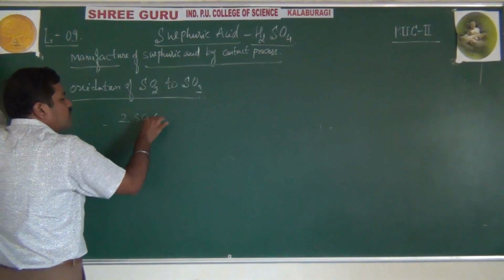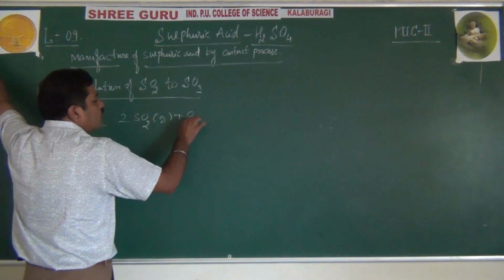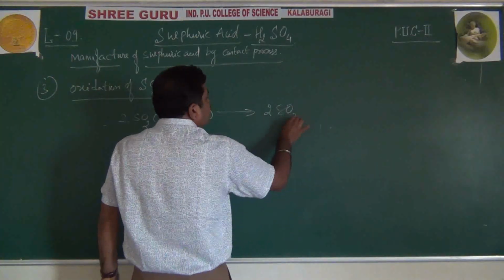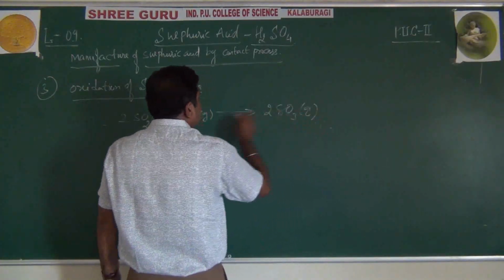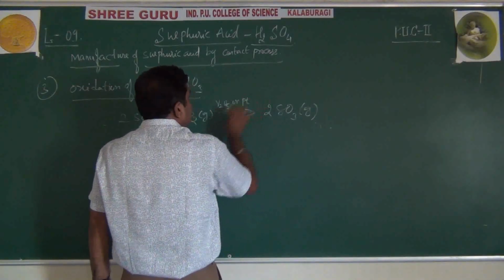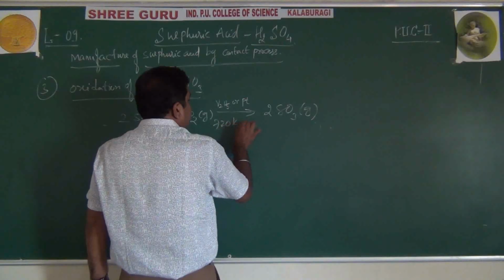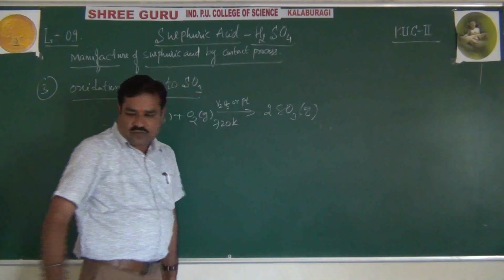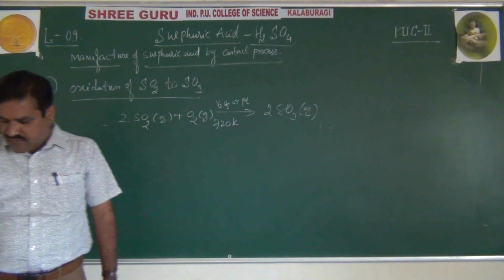2 moles of sulfur dioxide combine with 1 mole of oxygen and form 2 moles of sulfur trioxide. And here we use vanadium pentoxide or platinum as a catalyst at 720 K temperature and 2 to 3 bar pressure.